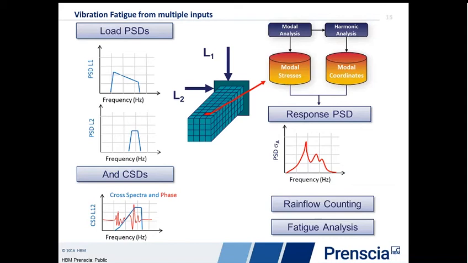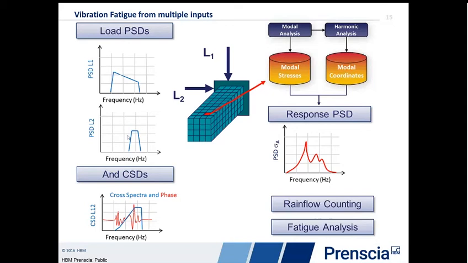If we're going to take the approach where we have multiple simultaneous PSDs, we need to have a PSD for each direction and load point in our structure. So we'll have multiple PSDs coming in. However, when we have more than one loading going into a structure, we have to capture the phasing between the loadings.